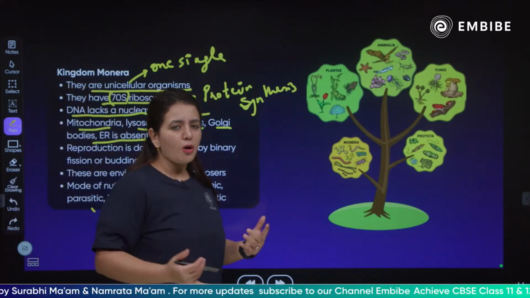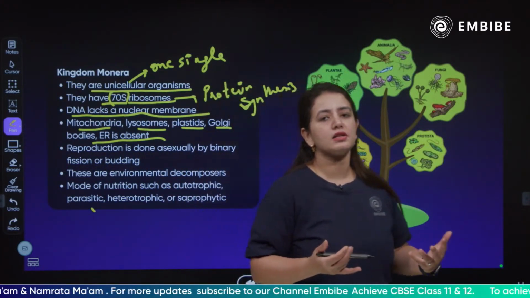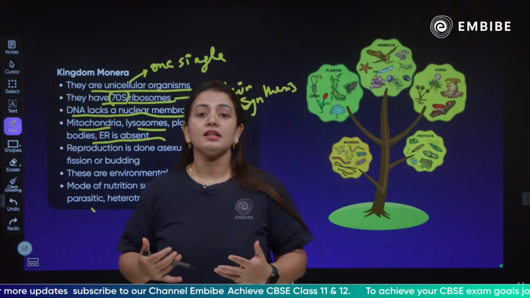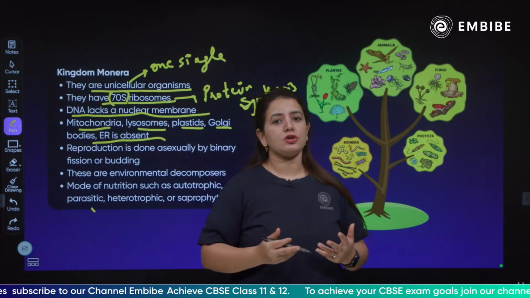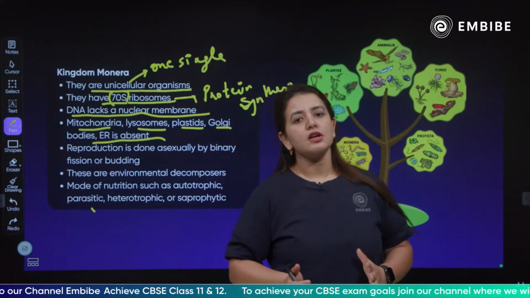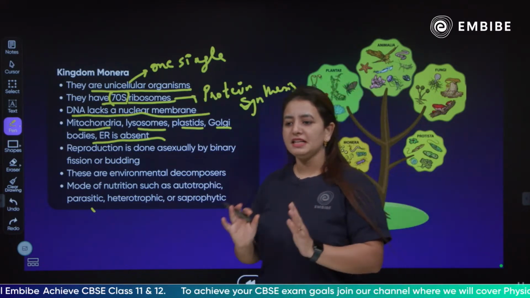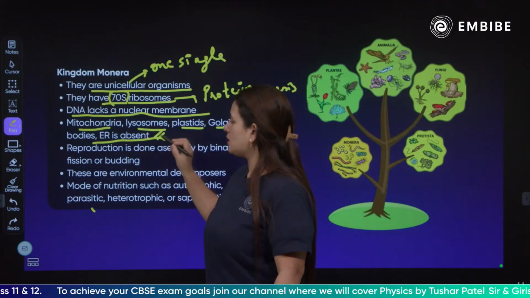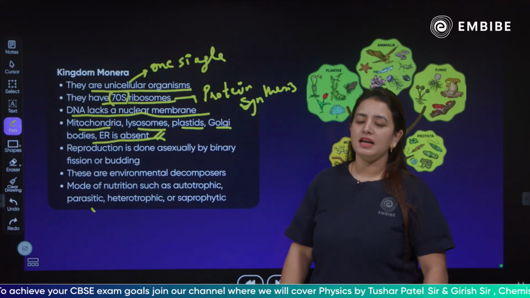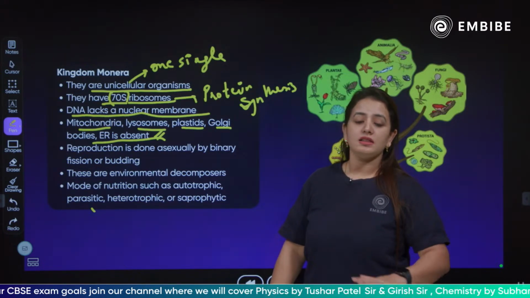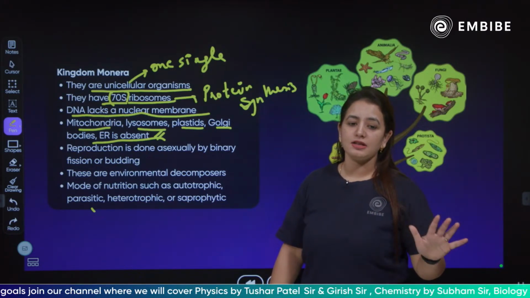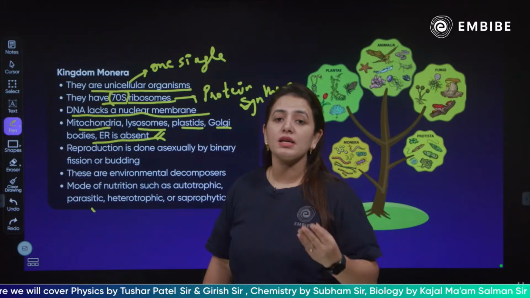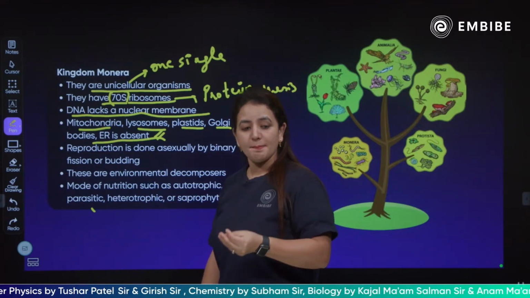The more complexity increases, the more difficult it is for any organism to survive in extreme conditions or adapt. So, keeping a very simple organization, they lack mitochondria, Golgi apparatus, lysosomes, ER is absolutely absent, and of course the nucleus doesn't even have a nuclear membrane.